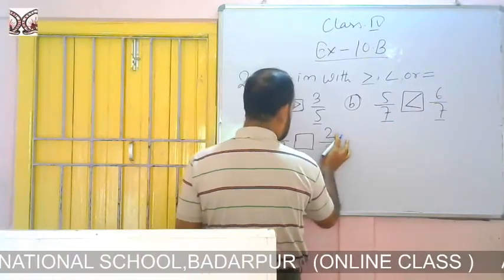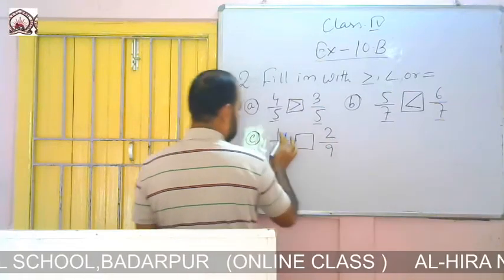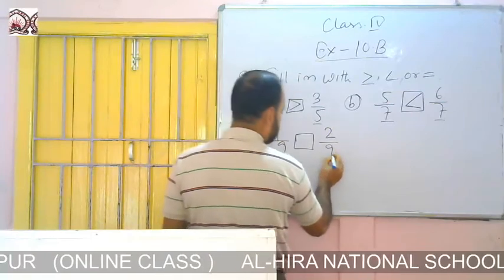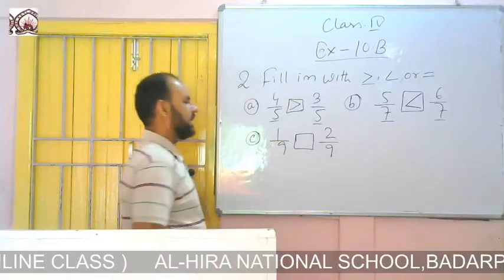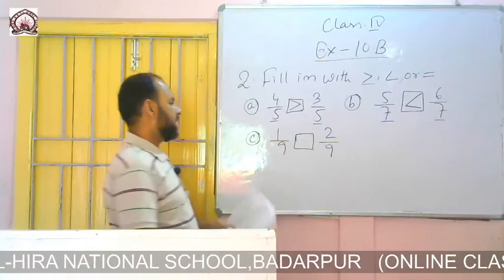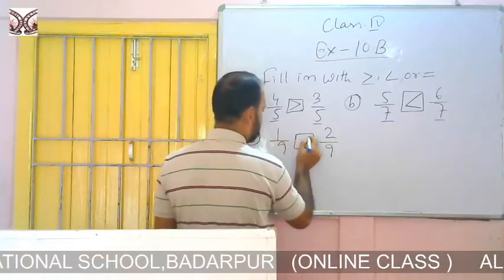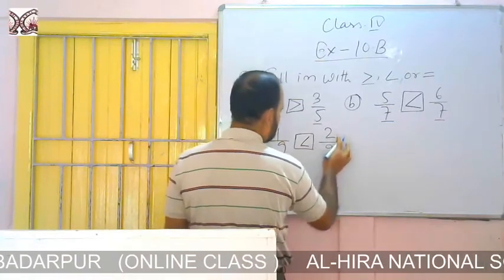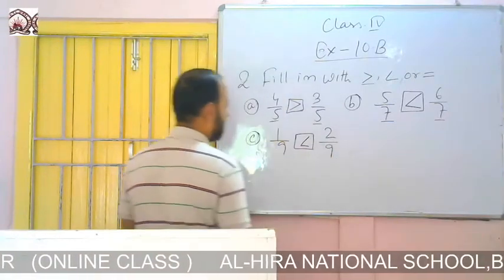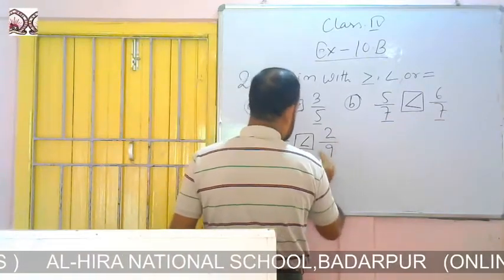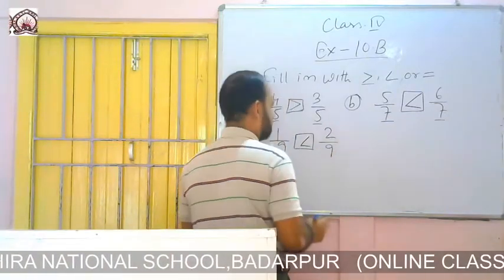Here 1, here 2, 2 is greater than 1, that means 2 by 9 is greater than 1 by 9. So here we put less than: 1 by 9 is less than 2 by 9, or smaller than.